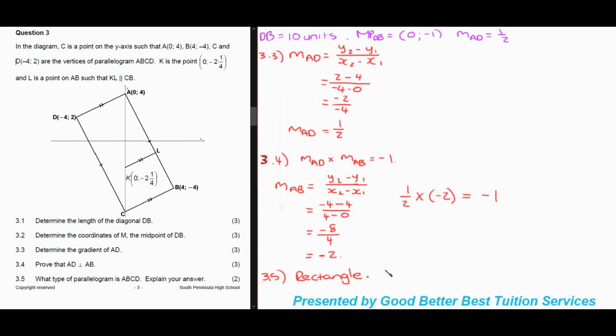So we can just say a rectangle. It's a parallelogram with a 90-degree angle. Cool. And just like that, we've identified what type of parallelogram it is, and we have explained our answer. That's all they need from us there.